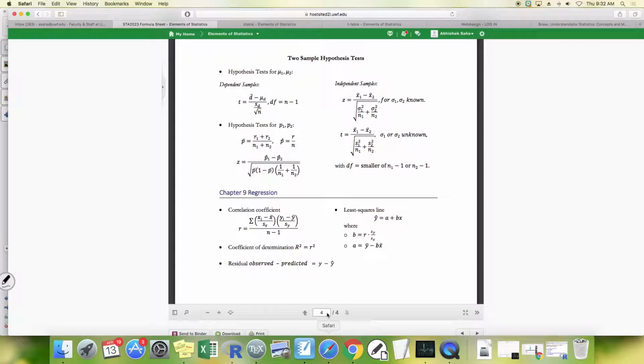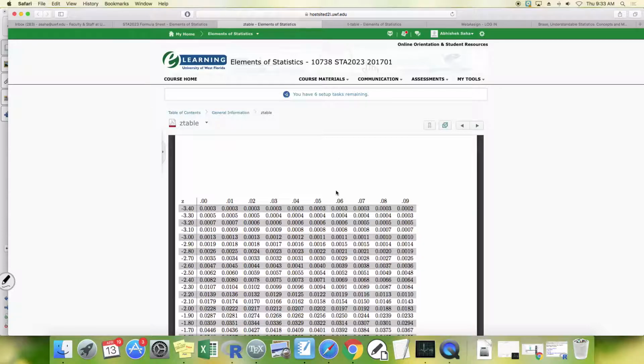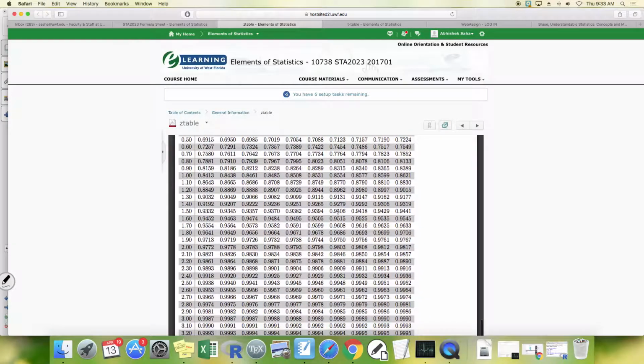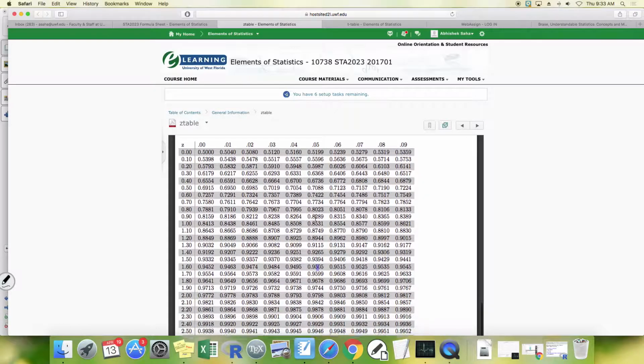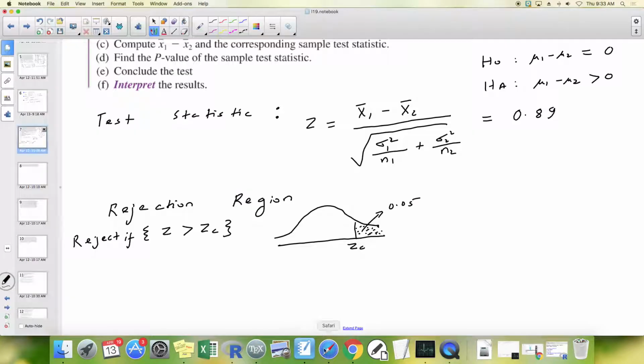So we go to the Z table. Search for 0.95. Okay, so it's between this and this. So that means between 1.64 and 1.65. So my ZC is 1.645.